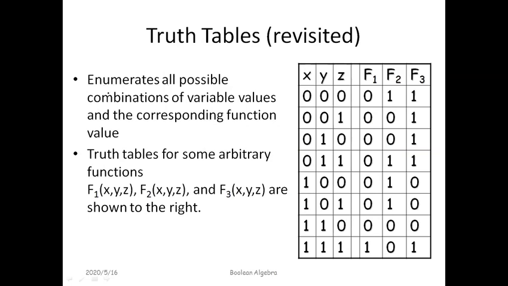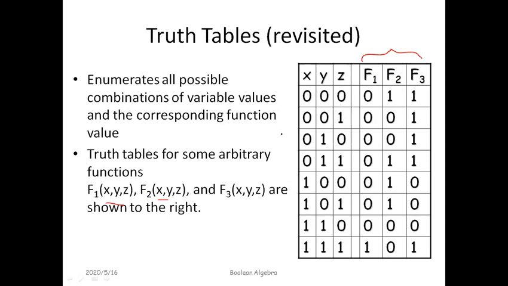So this truth table enumerates all possible combinations of variable values and the corresponding function value. So the truth table for some arbitrary functions, let's say f1, f2, and f3, are shown here. So these are the different input combinations.